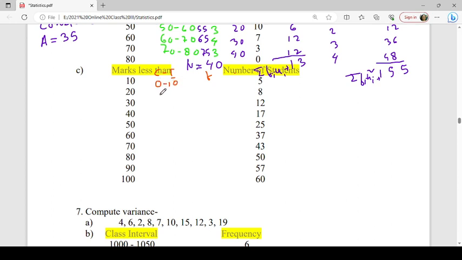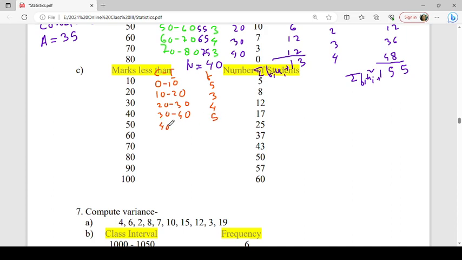Then less than 20, less than 10 is 5, less than 20 is 8, so in between 10 and 20 it is 8 minus 5, it is 3. Then in between 20 and 30 your frequency is 12 minus 8, it is 4. In between 30 and 40, 17 minus 12, it is 5.